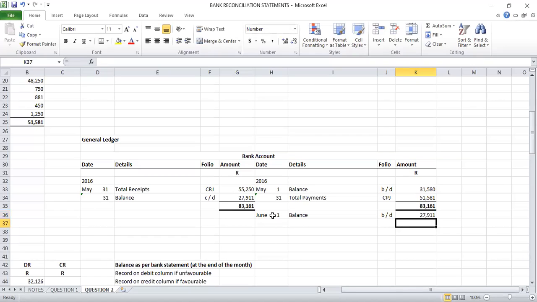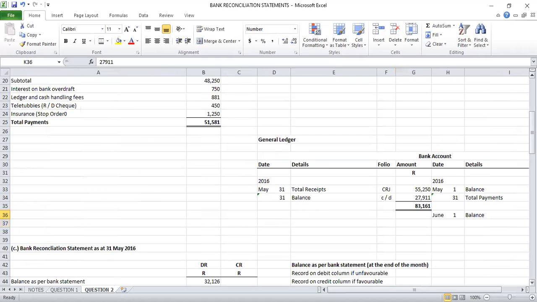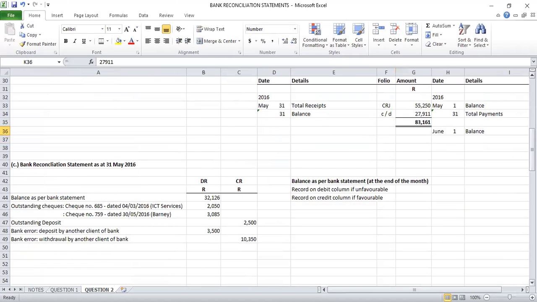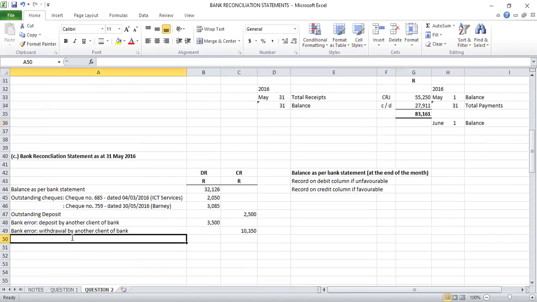Right. So to my friend who was asking, this is the balance that we then take to the bank reconciliation statement. The final balance, the closing balance, is the one that we will take to the bank reconciliation statement as balance per bank account.